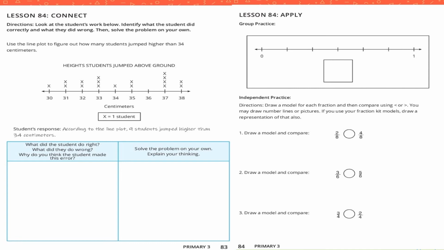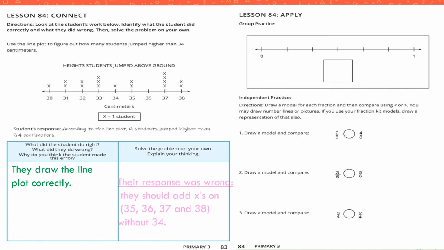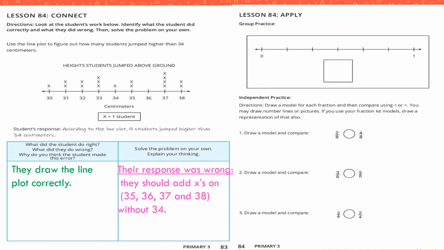What did the student do right? They drew the line plot correctly, but what is the mistake here? Their response was wrong because they should add the students on 35, 36, 37 and 38 without 34.